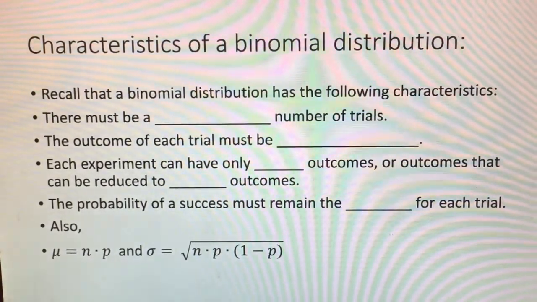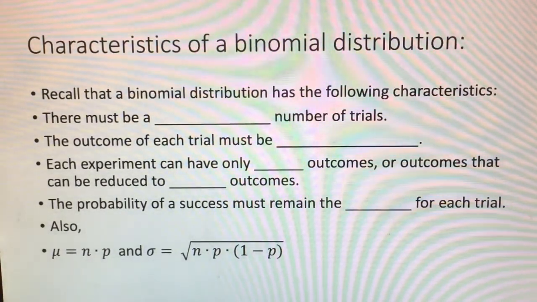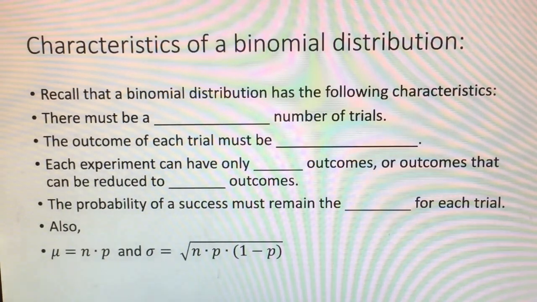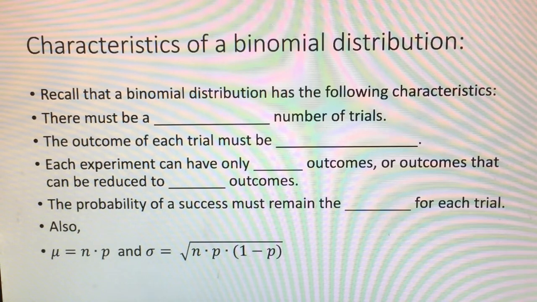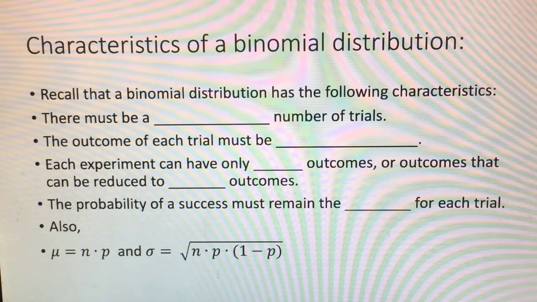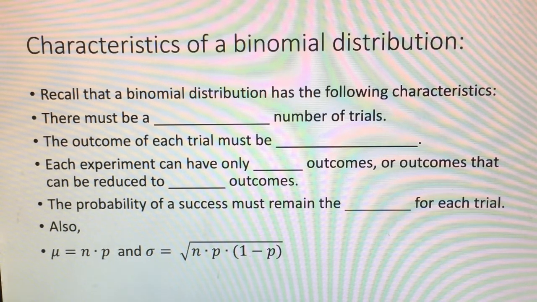So this page here is characteristics of a binomial distribution. As we go through this slide, we're going to learn what the characteristics of a binomial distribution are. This is a review for you.